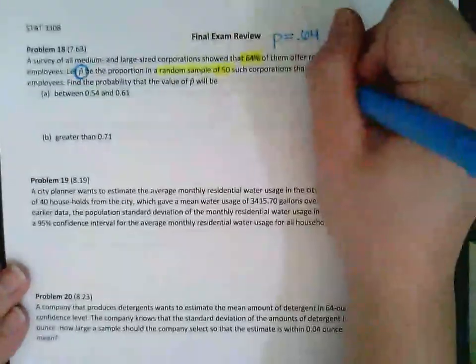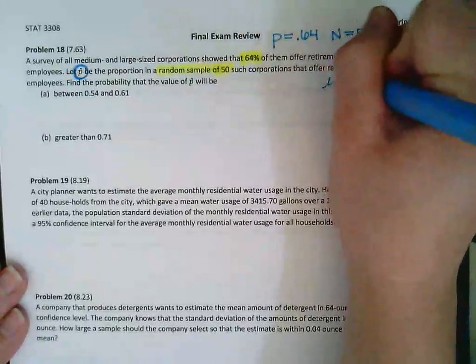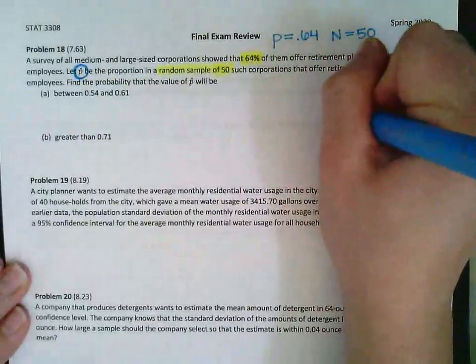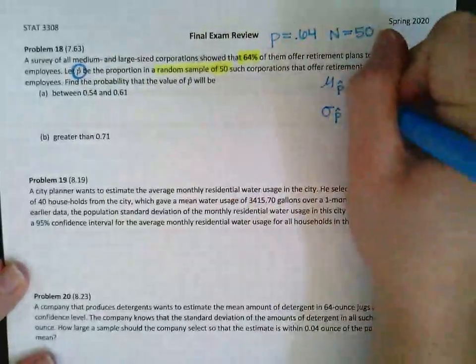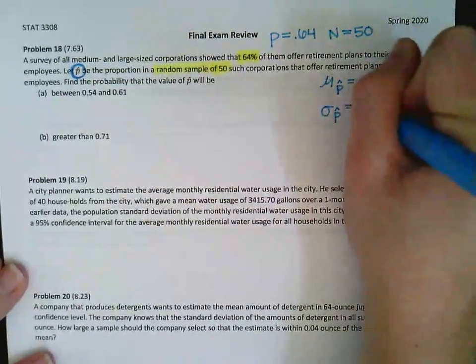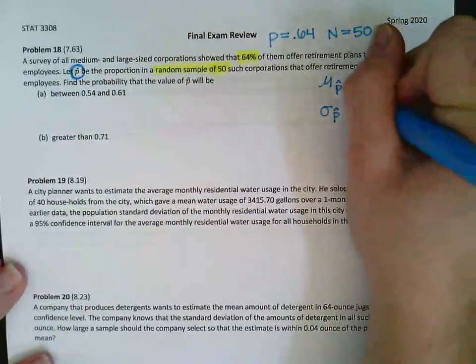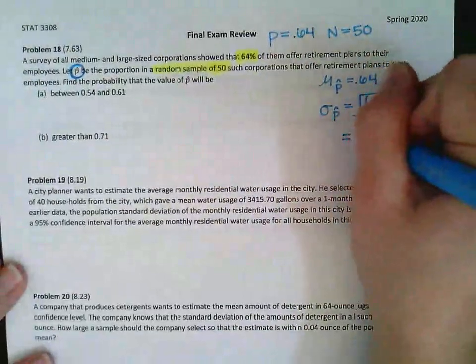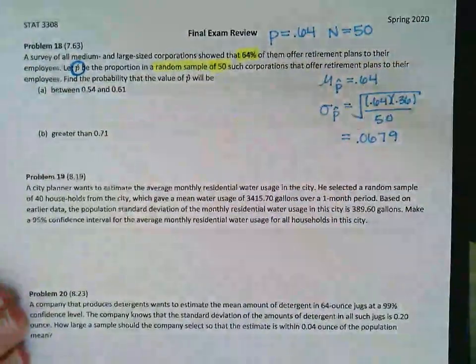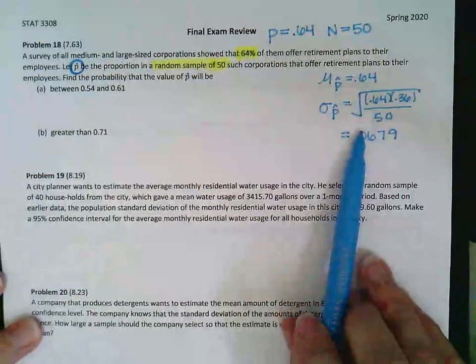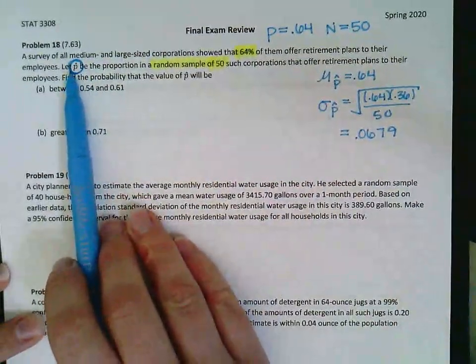With that, I know that the mean of that distribution is going to be 0.64, and the standard deviation is going to be the square root of PQ all over N, which is equal to 0.0679. I then can do that same z-score calculation with this new mean and standard deviation for the sampling distribution of P hats.